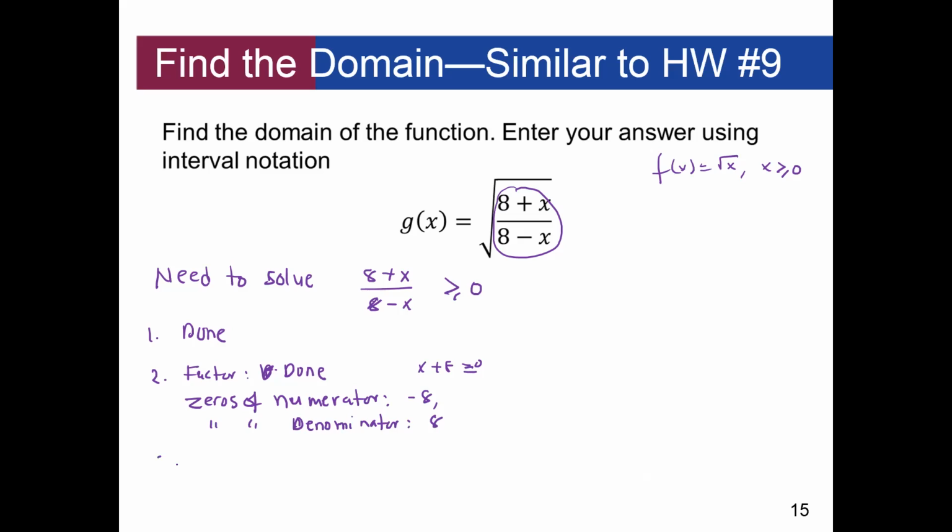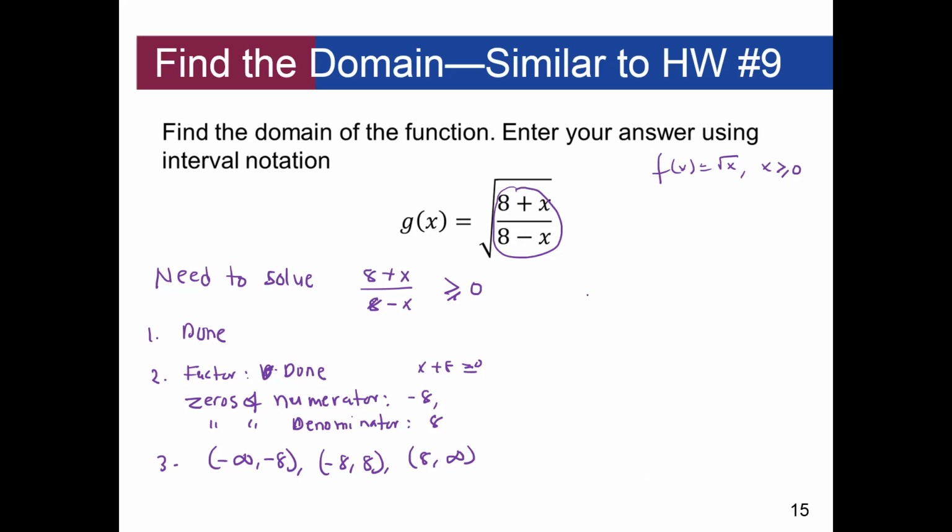So step 3, the intervals are from -infinity to -8, that is one, and then from -8 to +8, and then from +8 to positive infinity. Then we want to determine which of these intervals satisfy the inequality greater than or equal to 0.